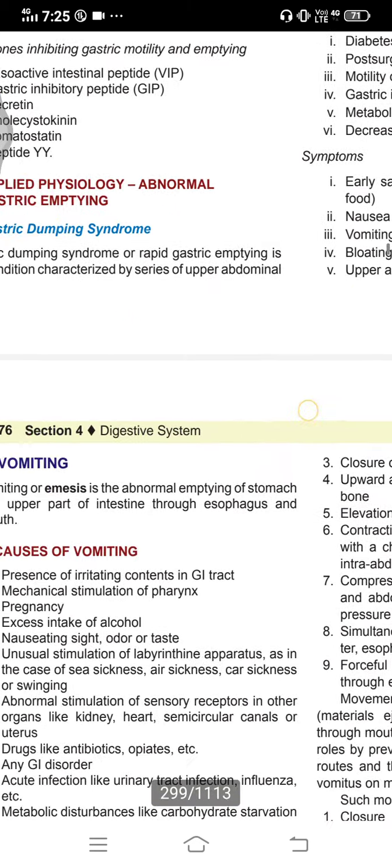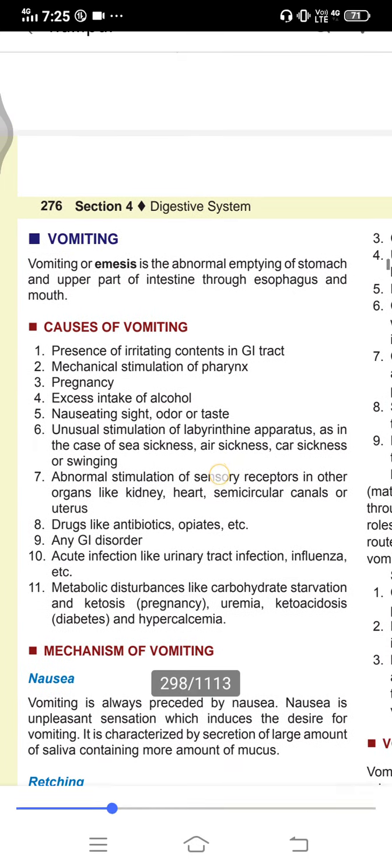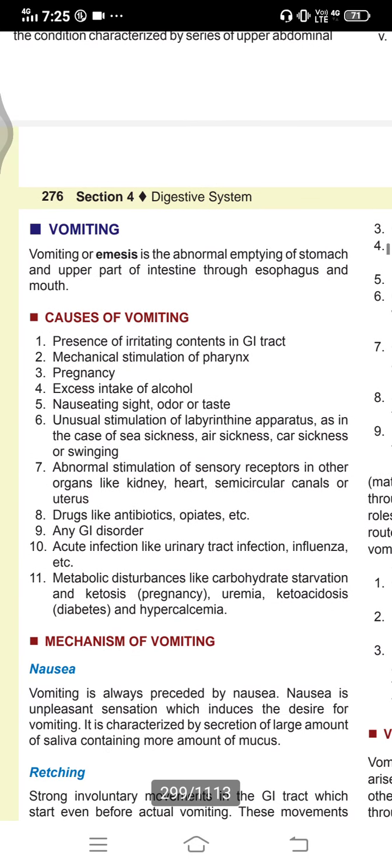Now let's talk about vomiting. Vomiting or emesis is abnormal emptying of the stomach and the upper part of the intestine through the esophagus and mouth.